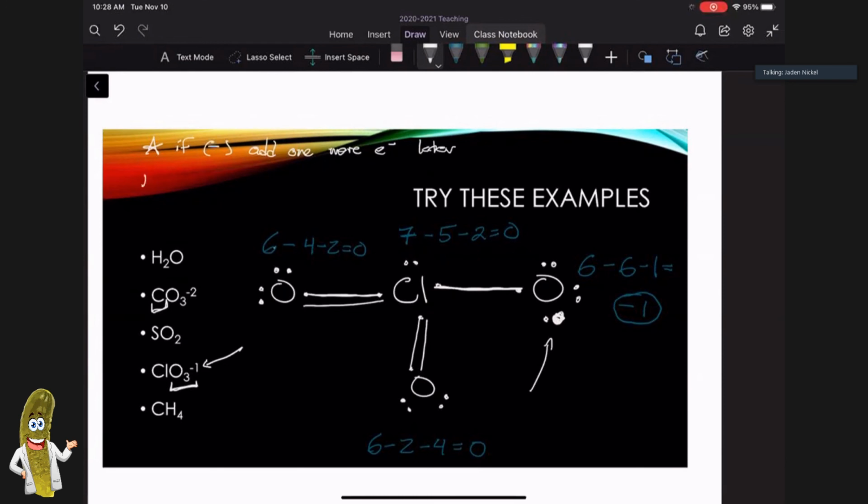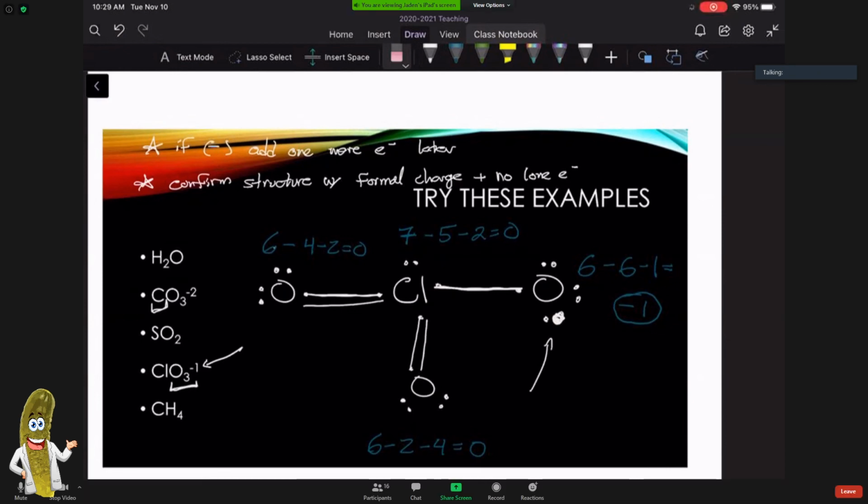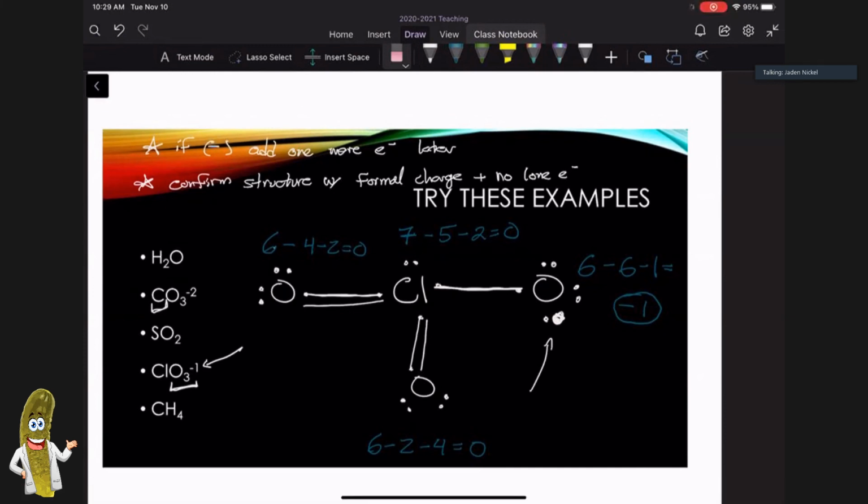And then you can confirm your structure with the formal charge and no lone electrons. Questions about that one? If negative, add one more electron later.